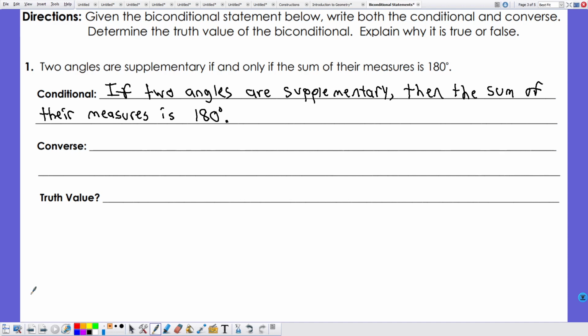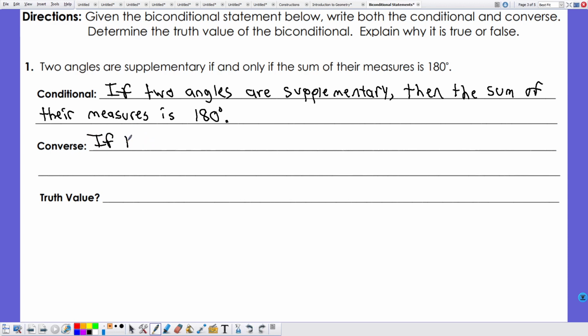The converse is, now we're going to write it in terms of the backward direction. So if Q, then P. So we say, well, let me write it like this.